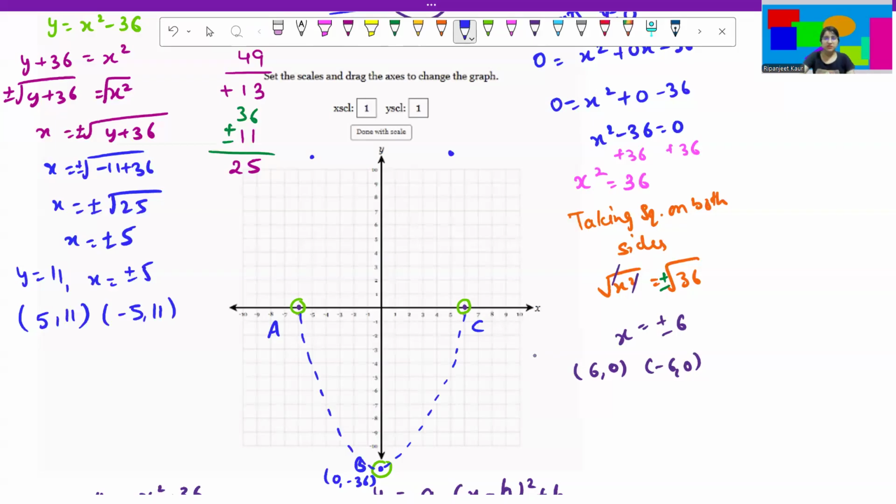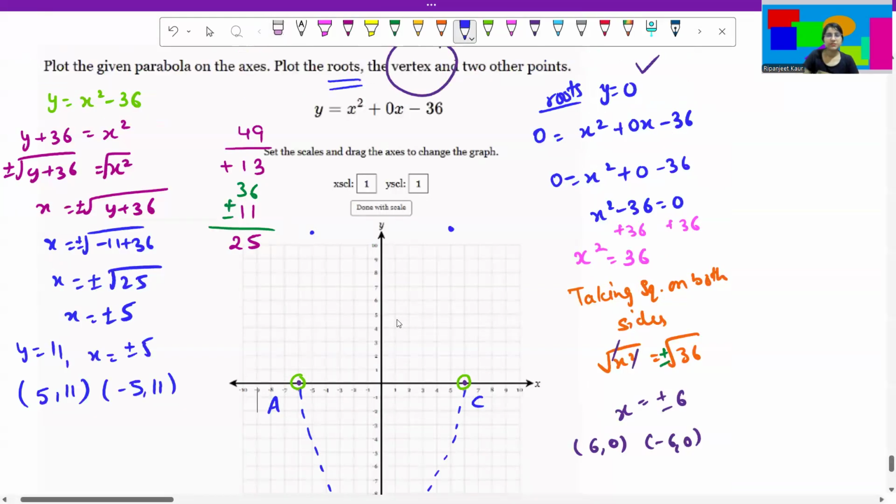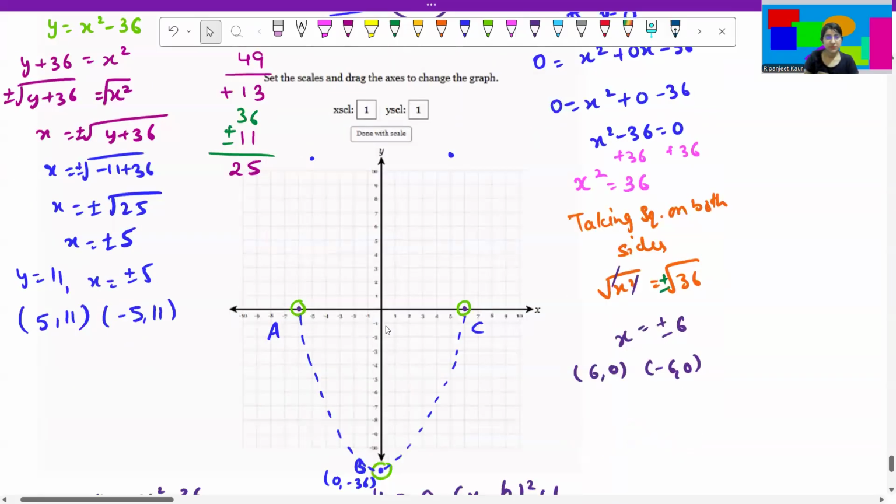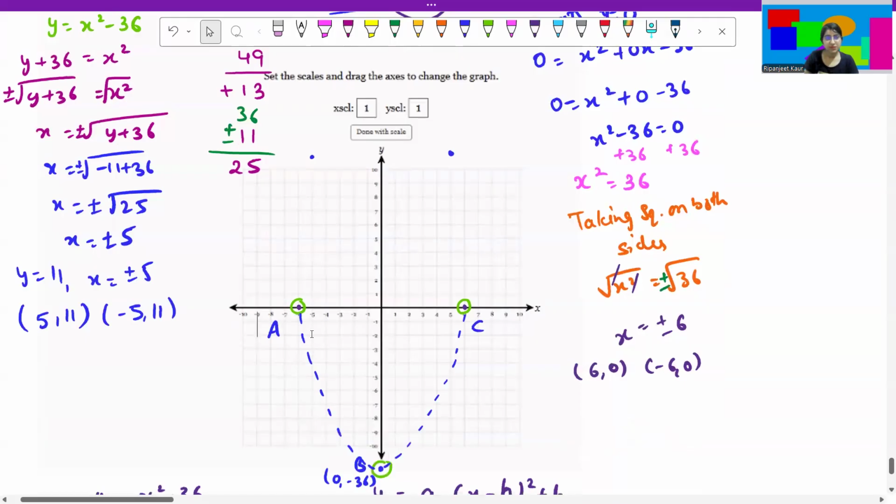So when it goes now, it's going to be outside, not inside. Let me check if there is some mistake we just made. Y plus 36 is equal to x square. If we are taking 5 and minus 5, it should be coming inside here.